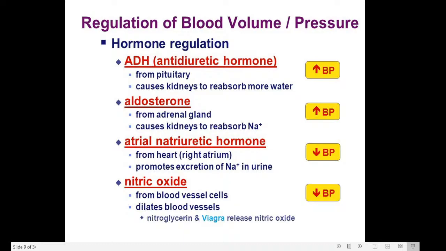The antidiuretic hormone is produced from the pituitary gland. It causes the kidney to reabsorb more water. We need this because after excretion of urine, it wants to absorb more water.